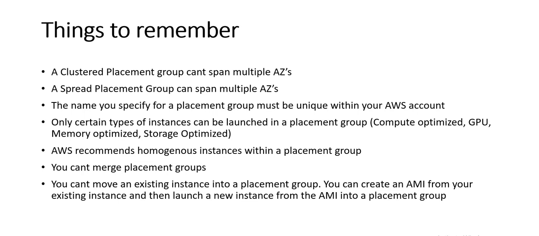So the same EC2 instance types are recommended by AWS within a placement group, and you cannot merge placement groups. You cannot move an existing instance into a placement group. You can create an AMI from your existing instance and then launch a new instance from the AMI into a placement group. So that is all about EC2 placement groups.